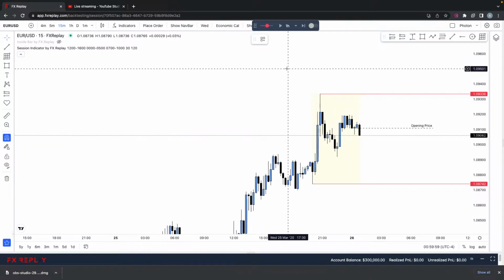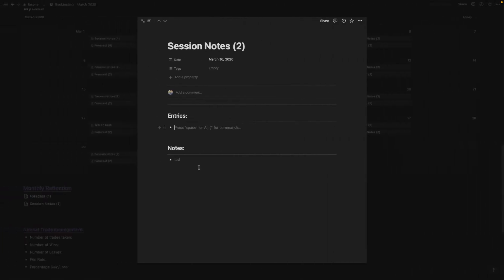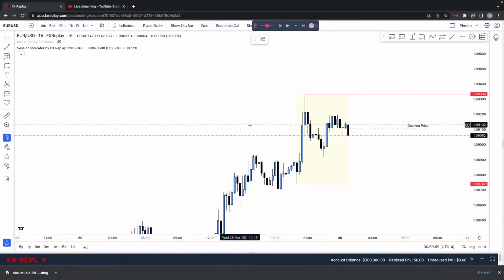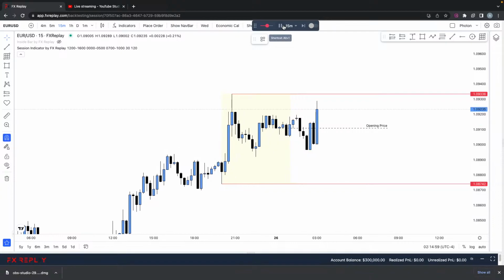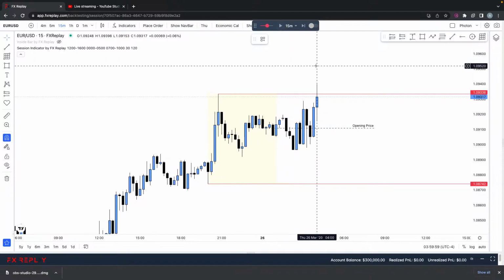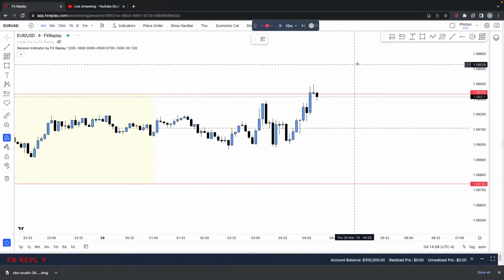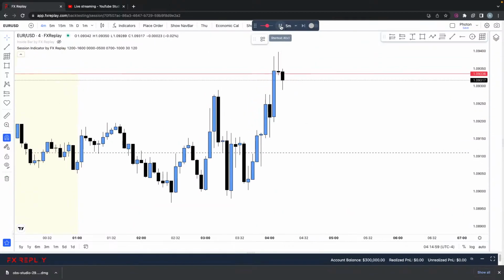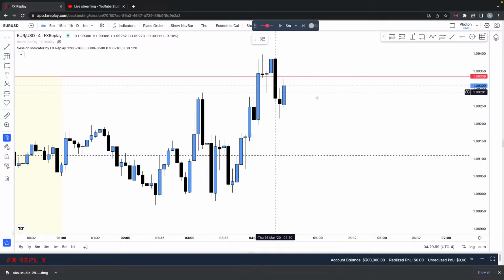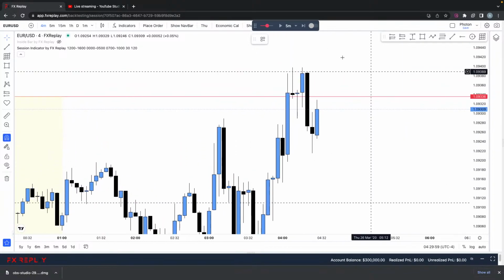Opening price. Okay, looking for a sweep of the highs again. It's at 4 o'clock, so we still have time. Sweep of the highs. Do we get a break in market structure? Ooh, we do. Perfect.